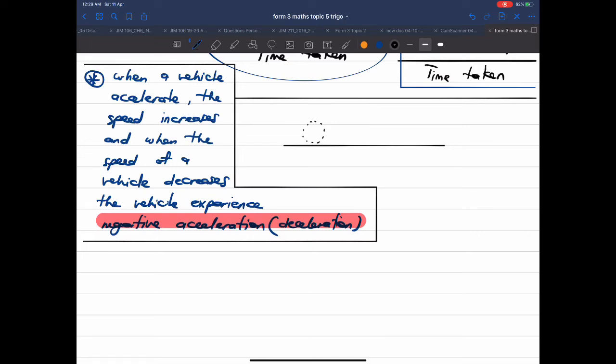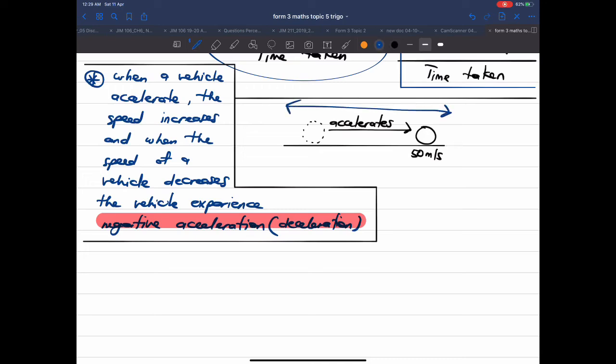A particle accelerates from stationary. When they say stationary, it means from not moving, and reaches the speed of 50 meter per second. Accelerates to 50 meter per second in 4 seconds.